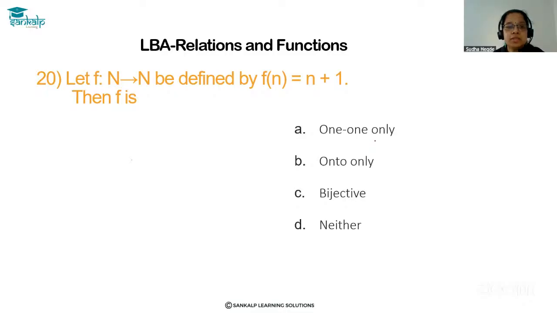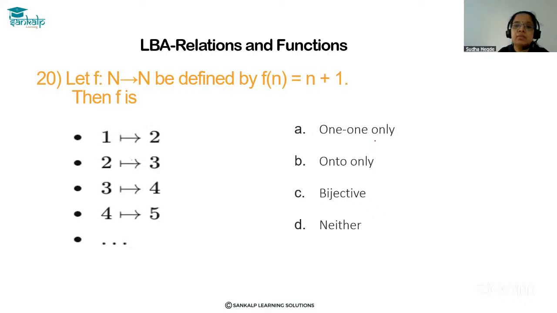Hi students, take the question. Let f from N to N be defined by f(n) is equal to n plus 1. Then you need to check f is 1-1, onto, bijective or neither.